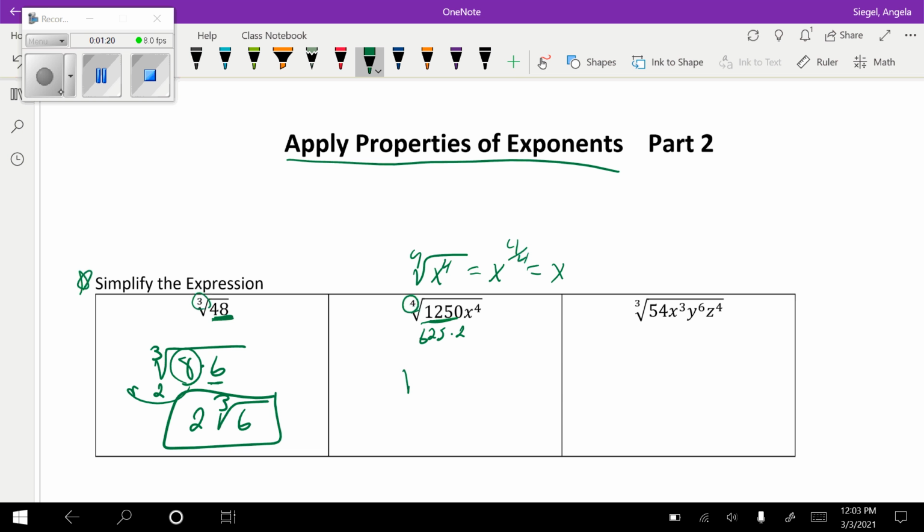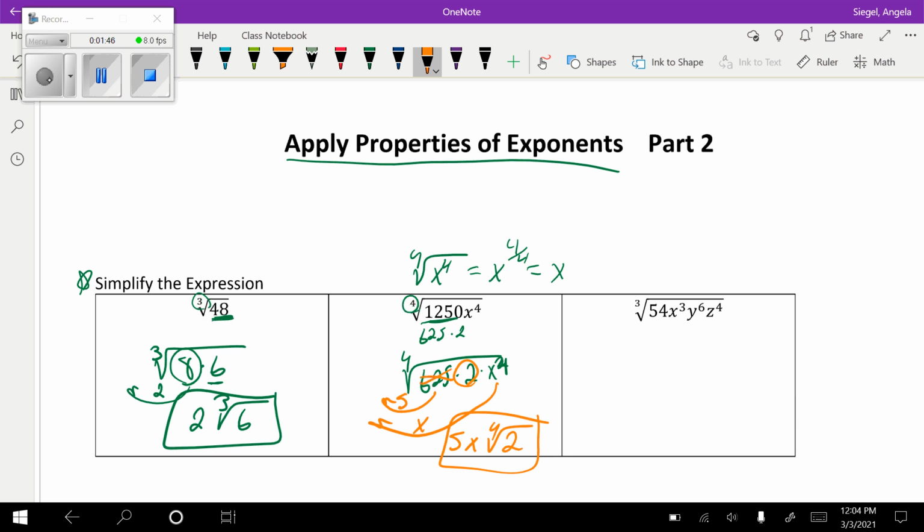So let's tie this all together. So 625 times 2 times x to the fourth. The fourth root of 625 is 5. That 2 can't come out, but that x to the fourth is going to come out as an x. So my final answer is 5x times the fourth root of 2.